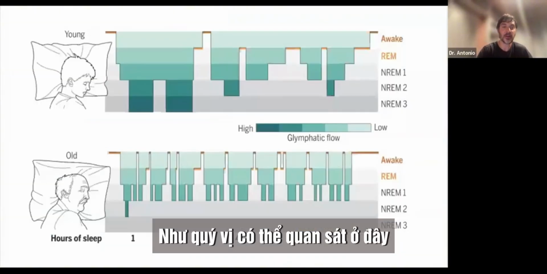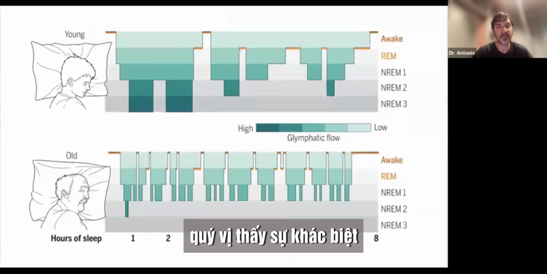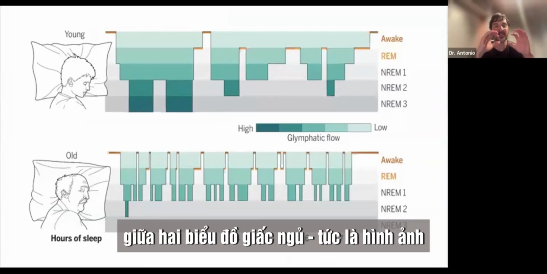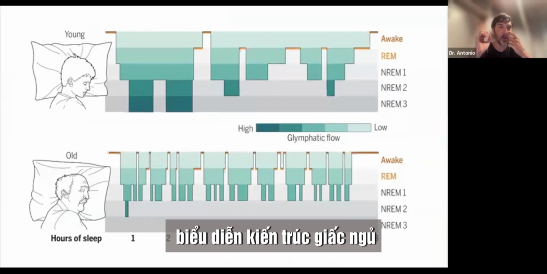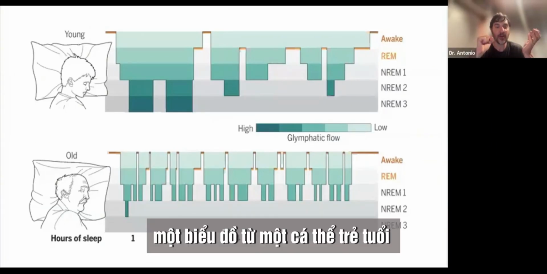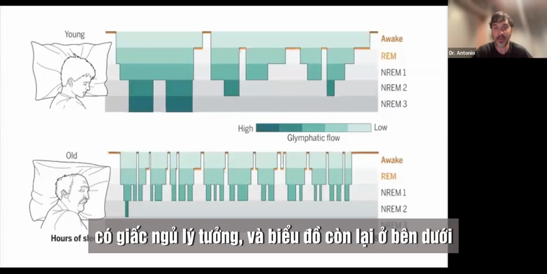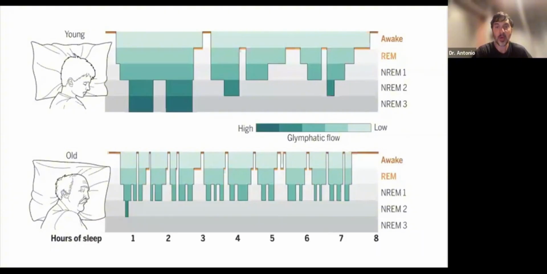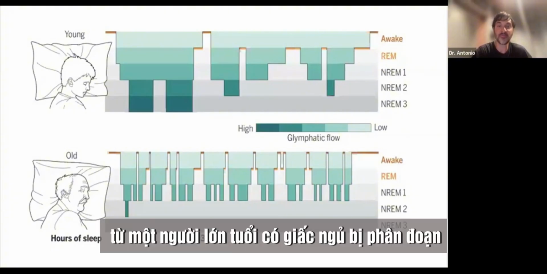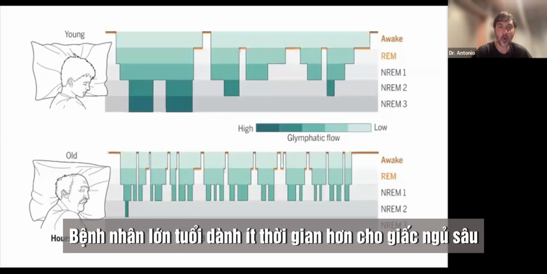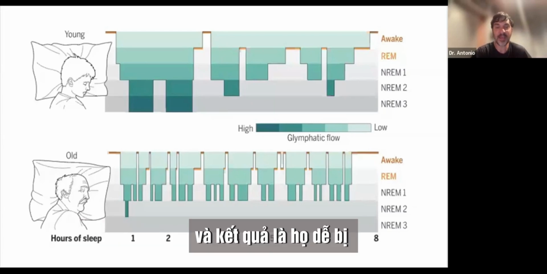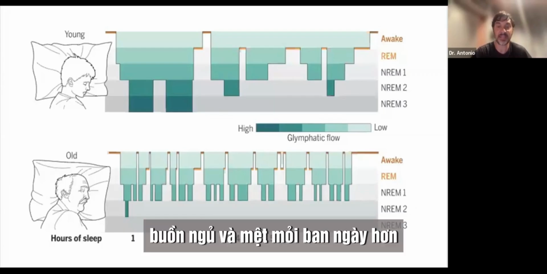As you can see here, there is the difference between two hypnograms, a graphical representation of sleep architecture, one from a young individual with ideal sleep, and the other below from an older adult with fragmented sleep. The older individual spends less time in deep sleep, the one we call N3, and as a result is more likely to experience daytime sleepiness and fatigue.